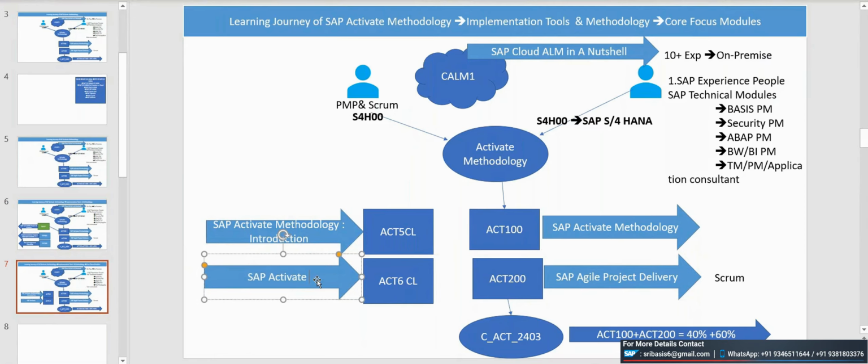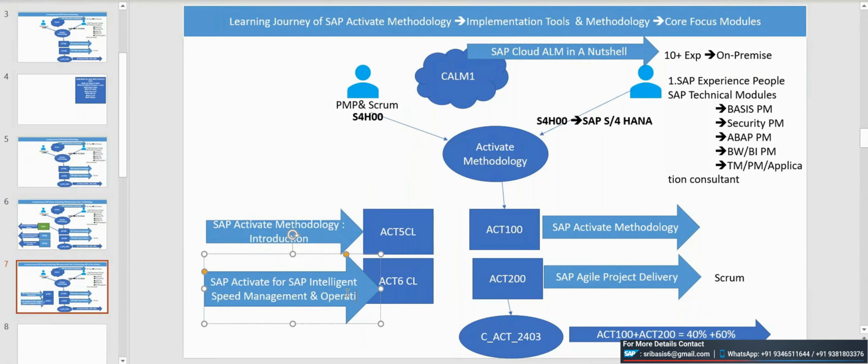Once the introduction is over, now I want to go further into Act 6. So what are these courses for SAP Activate for SAP Intelligent Spend Management and Operations? Okay, so these are the courses.